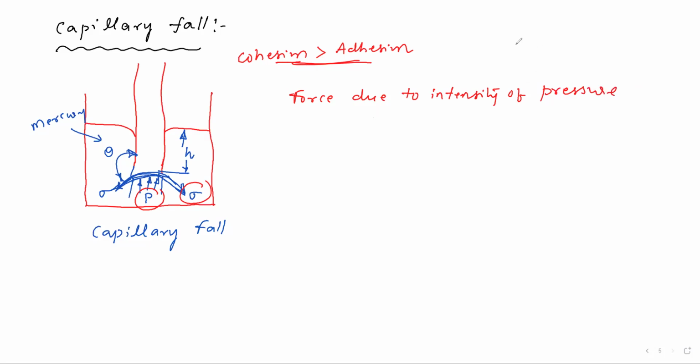Generally we know the equation, pressure is equal to force by area, right? So what we are calculating here is force. From the above equation, force is equal to pressure into area. So let me write here, the pressure is P and area is A, and this area is pi by 4 d square. So this is equation number 1.